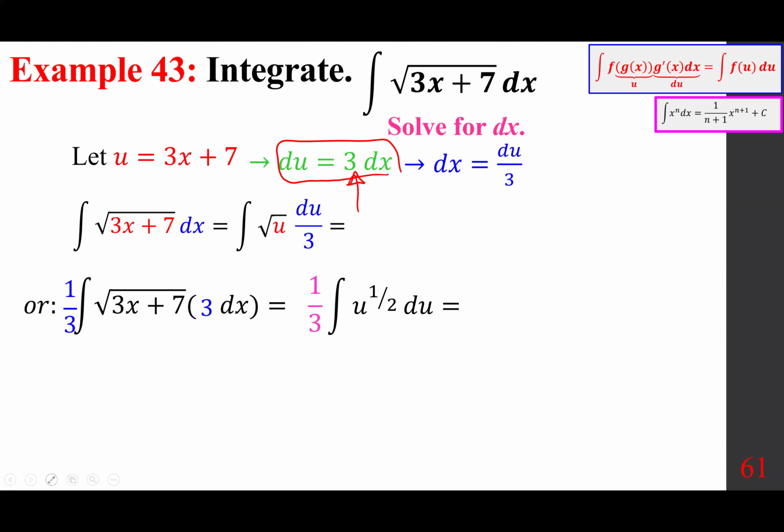So again, notice this one is square root of u, or u to the power 1/2. This one remains. This is 1 over 1/2 plus 1 u to the power 1/2 plus 1 and a constant. 1/2 plus 1 is 3/2.